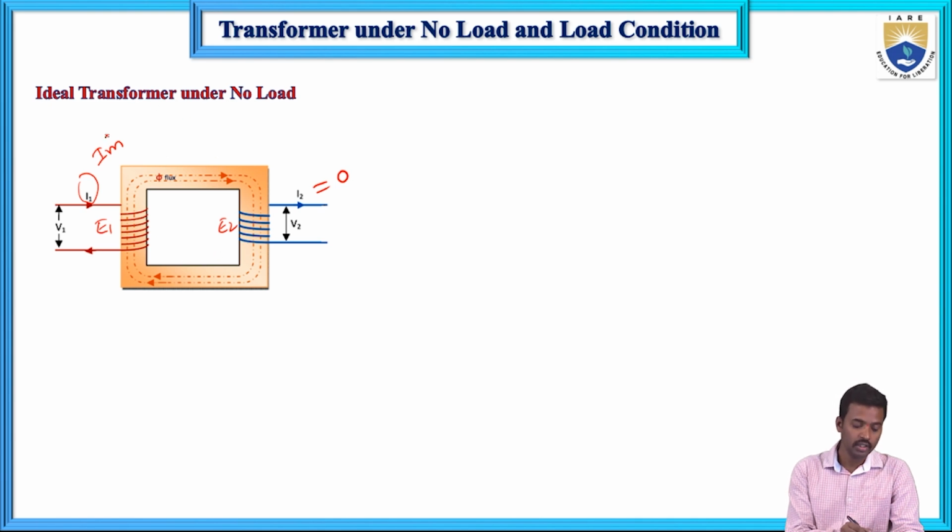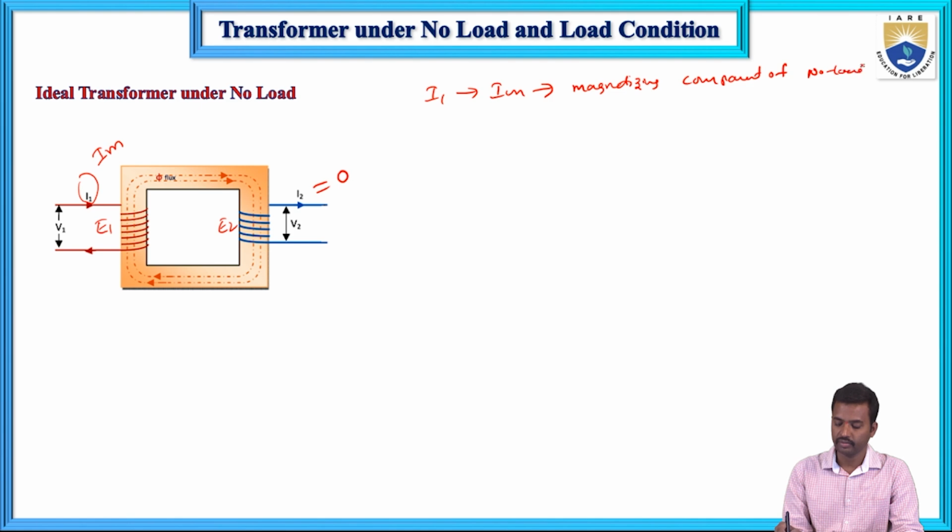So I1 is known as IM, the magnetizing component of no load current.